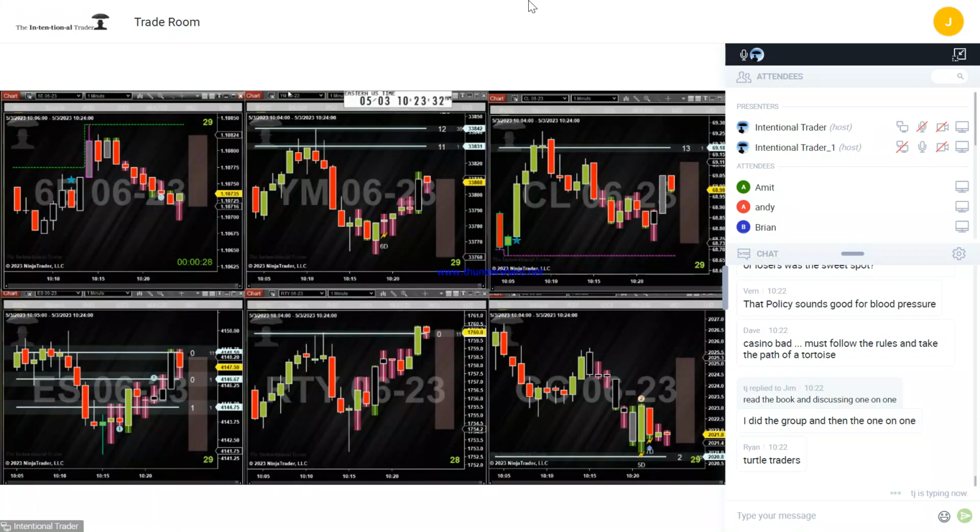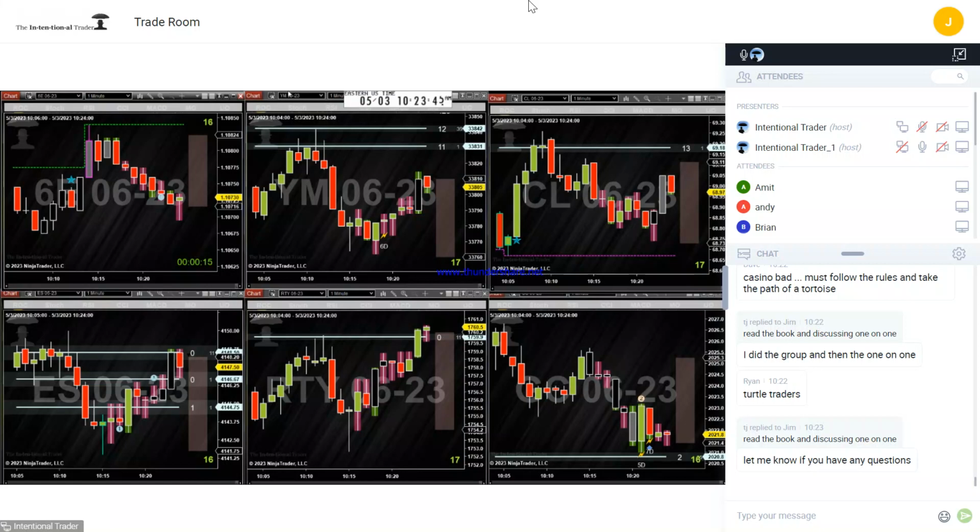So you can even start slower and more gradually work into this without risking as much, because the micros, to my understanding, I don't trade them, but several traders here do. I think Andy has traded them or is trading them. Is Andy here? Yeah, Andy's here. And others have traded them, and they move very much like these instruments.